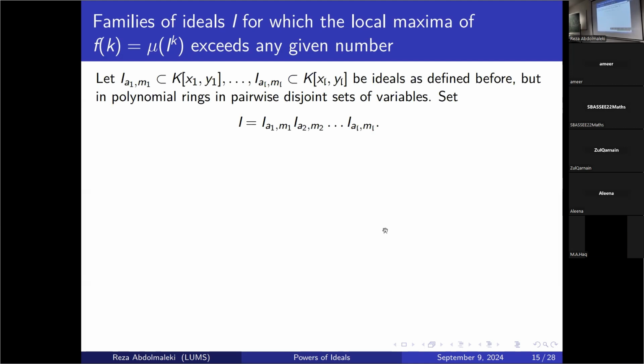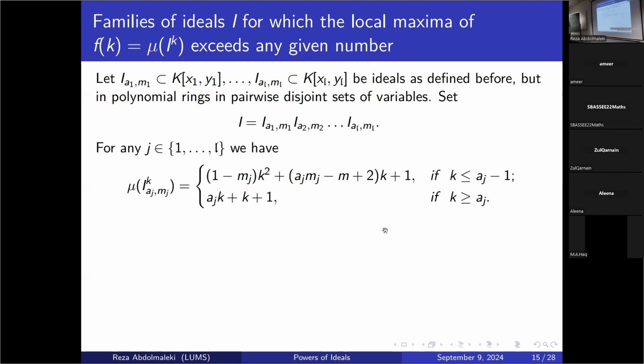Consider the same ideal, but several times in different base rings, such that the sets of variables of these polynomial rings are pairwise disjoint: X1, Y1, X2, Y2, and XL, YL. And we set I to be the product of these ideals, right? And for any J from 1 to this number N, we had the formula for these guys, right?